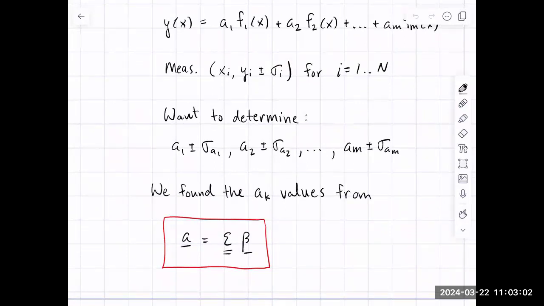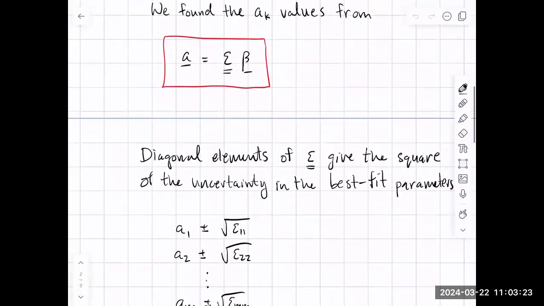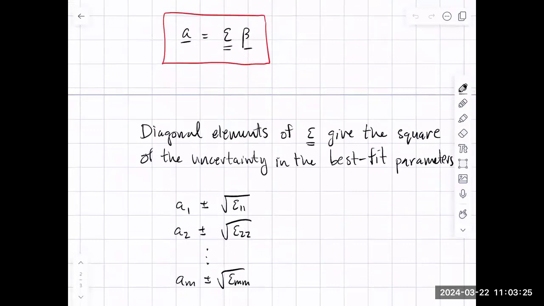We could calculate all the elements of alpha and beta just from our measured values, xi and yi plus or minus sigma i. Then we invert alpha to get this epsilon, and this calculation gives us a list of all of our best fit parameters. One of the great things about this was that the epsilon matrix also tells us the uncertainties in our parameters.